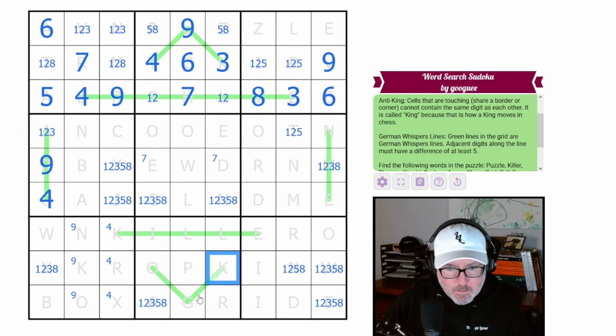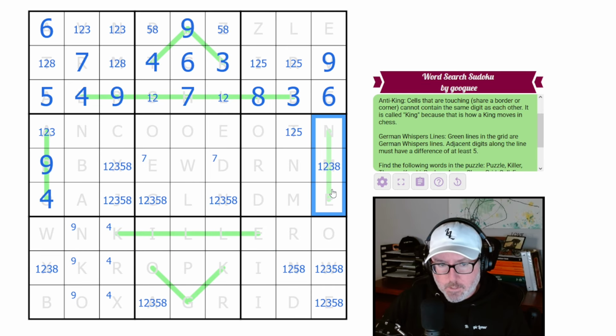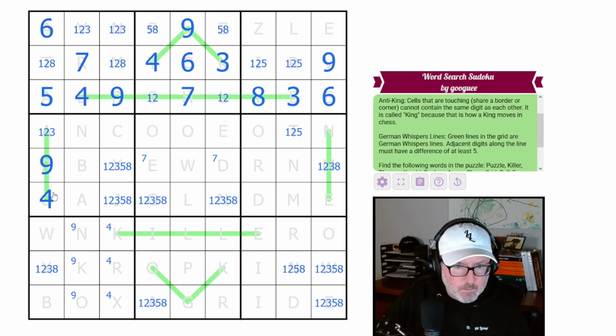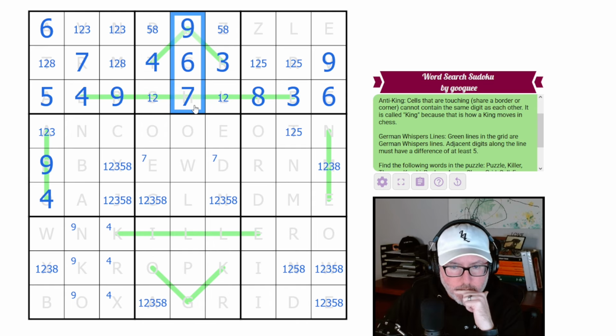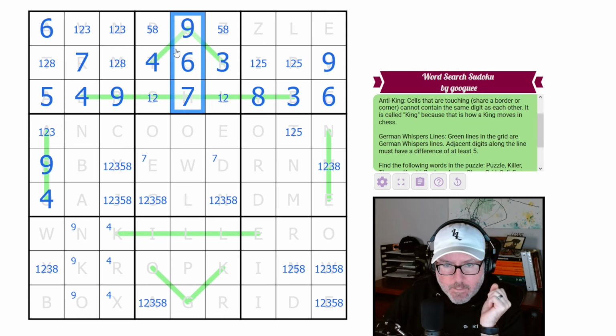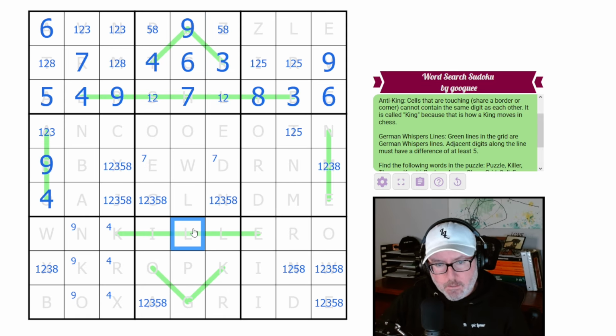It's probably we're going to have to get into some of these other German whispers to make things work. Do we start to think about this guy, because we have a decent number of these high digits pointing straight into here.